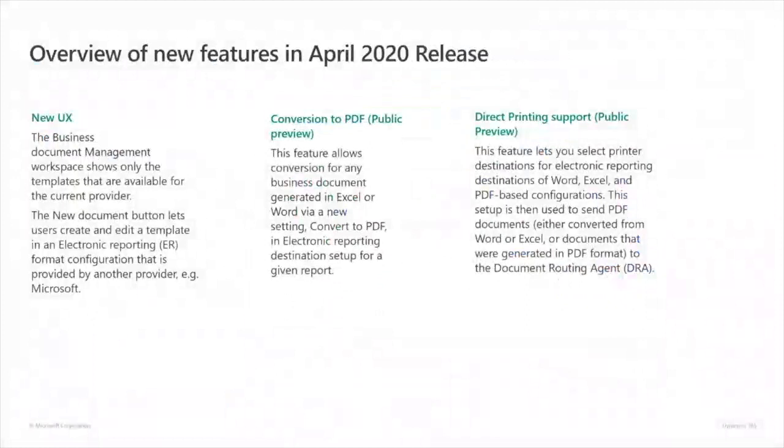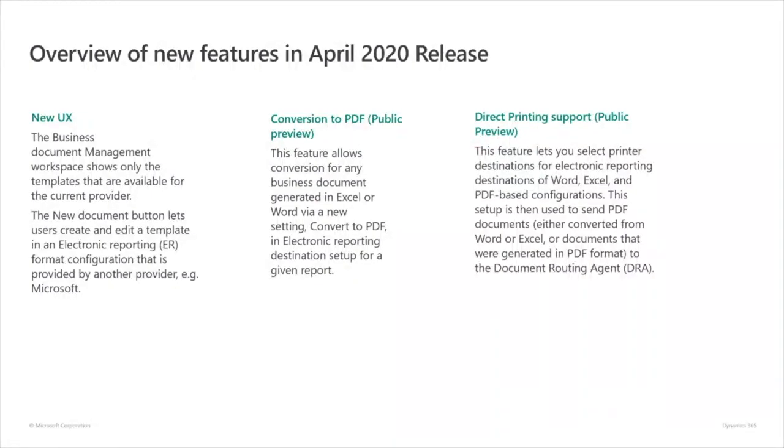Then let's go to the overview of a new functionality for configurable business documents. Because if you remember, we released business documents in October release, October 2019 release, but now in April 2020, we are providing quite a lot of additional features.